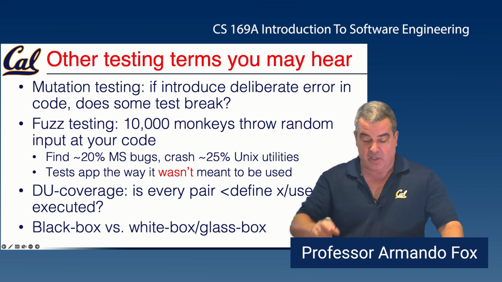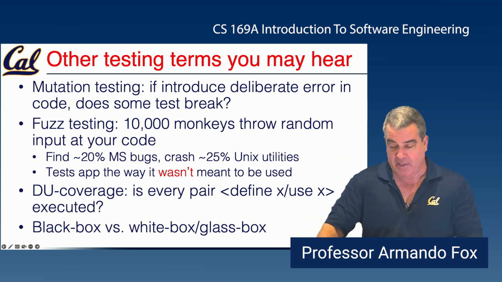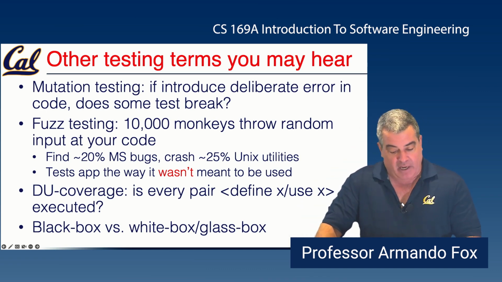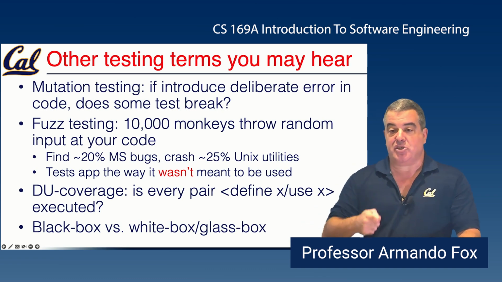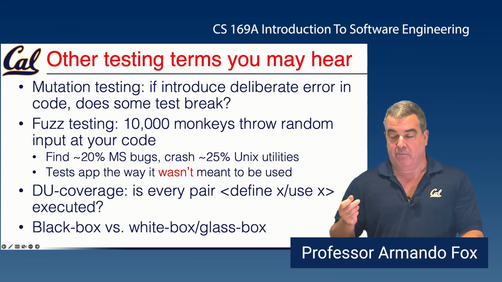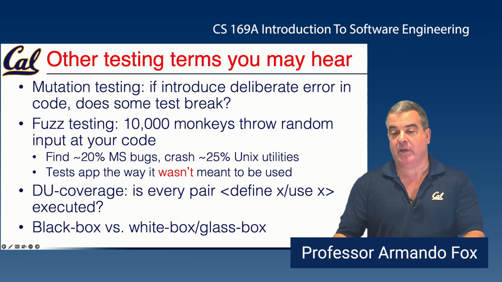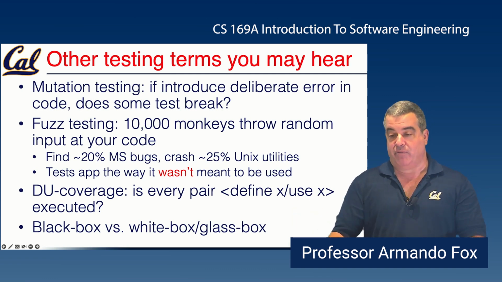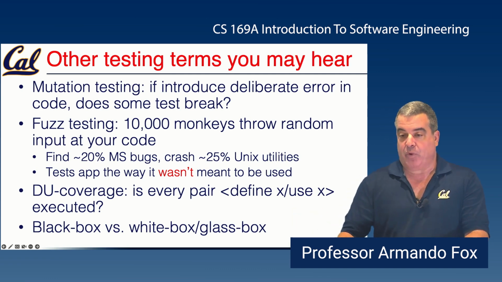You may also hear the expression black box test versus white box, sometimes glass box. Basically, the question is, does your test know about the internals of the method being tested or not, or how much does it know? So the classic example of this is something like, you've got a method that figures out whether it's a leap year or not, right?